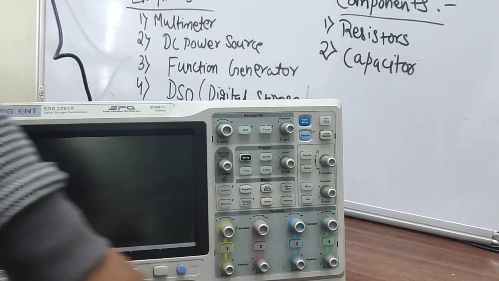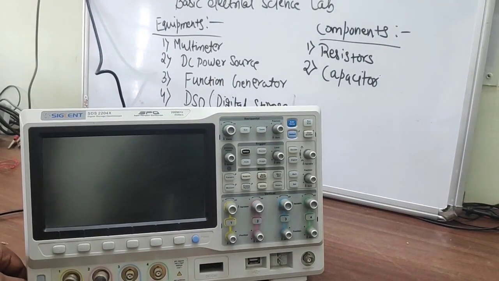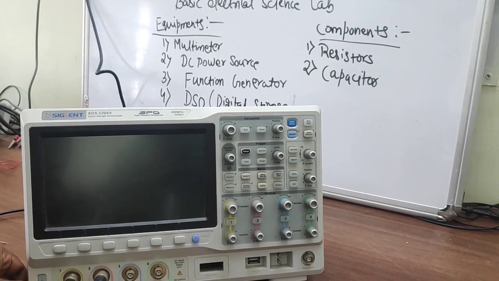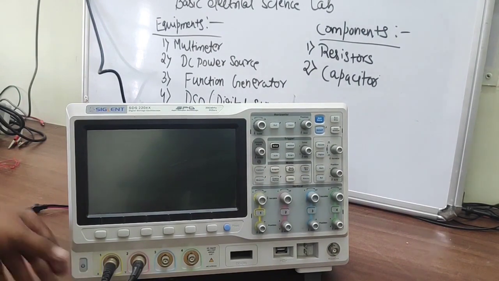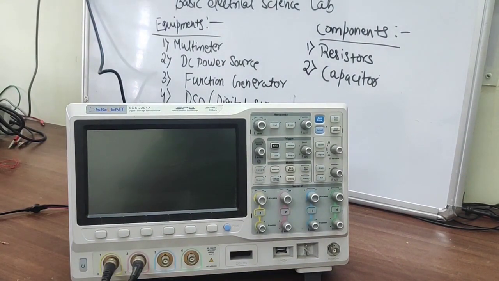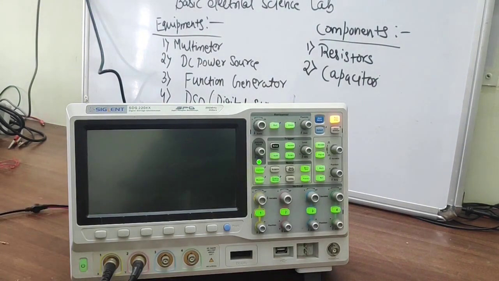I am going to turn on this DSO. Just see here at the lower end, there is a power on button. Firstly I am going to switch on the power source, and afterwards I am going to switch it on.